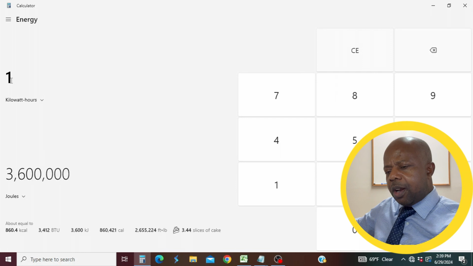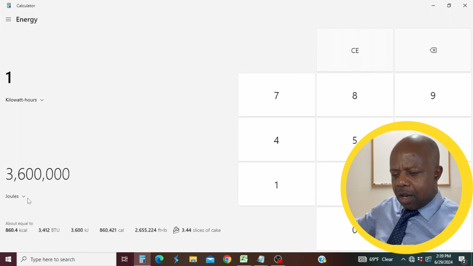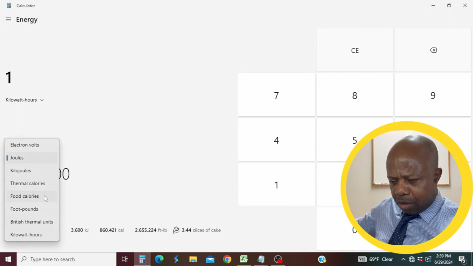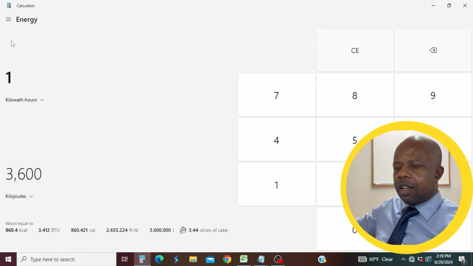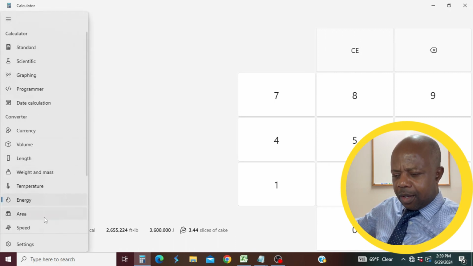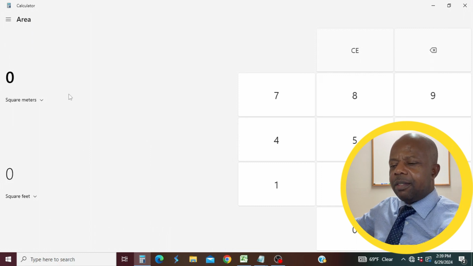Let's say 1 kilowatt hour, that will be a lot of joules. So let's go to kilojoules. 1 kilowatt hour is 3,600 kilojoules.